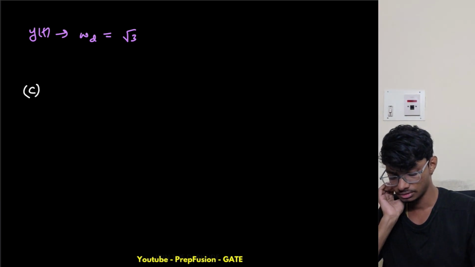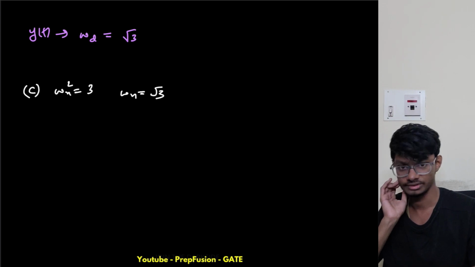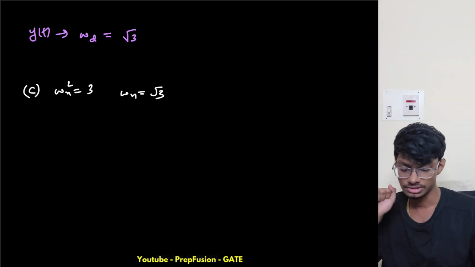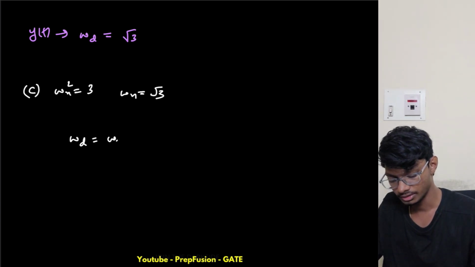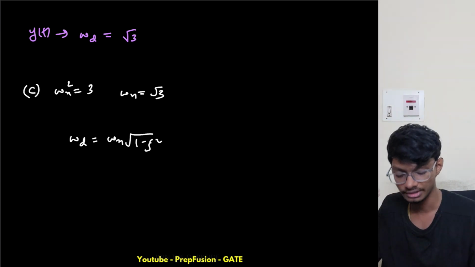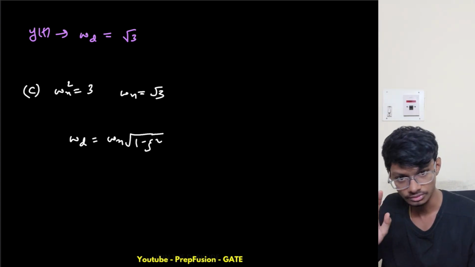So first I will find omega n for option C. Omega n square equals 3, right? So omega n equals under root 3. So this is not possible anyways. If omega n is this one, what is my damping frequency formula? It is omega d equals omega n under root 1 minus zeta square. So it will be something less than under root 3. So this is not my answer anyways, okay.